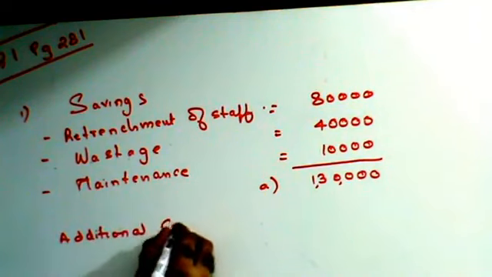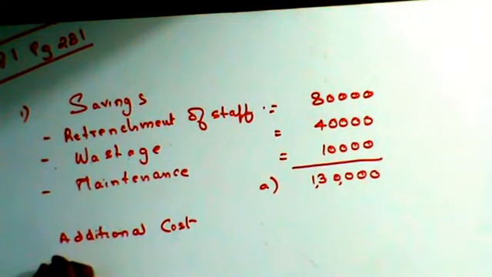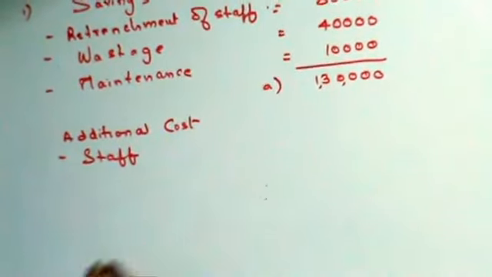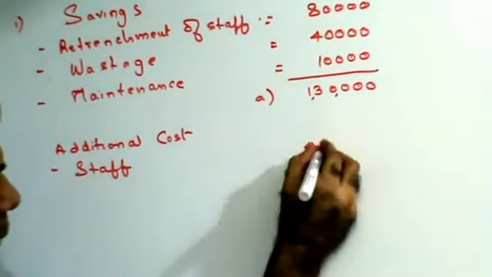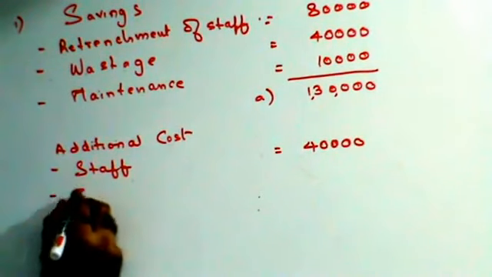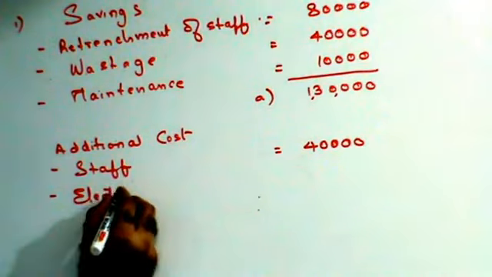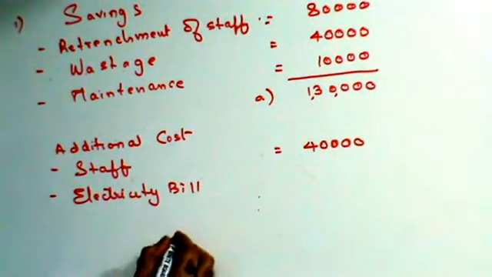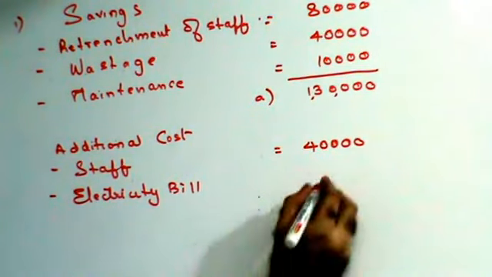The additional cost: 1. Staff. You have to employ a new staff who is going to be paid a salary of 40,000 rupees. Next, electricity bills. Your electricity bill is going to be 15,000.